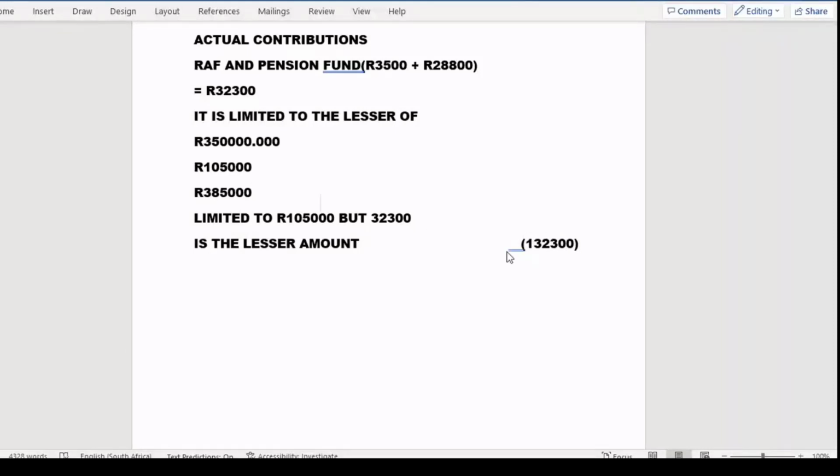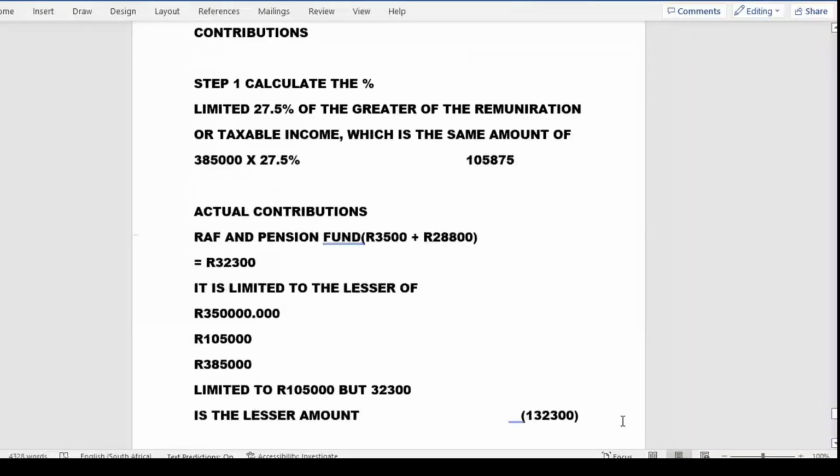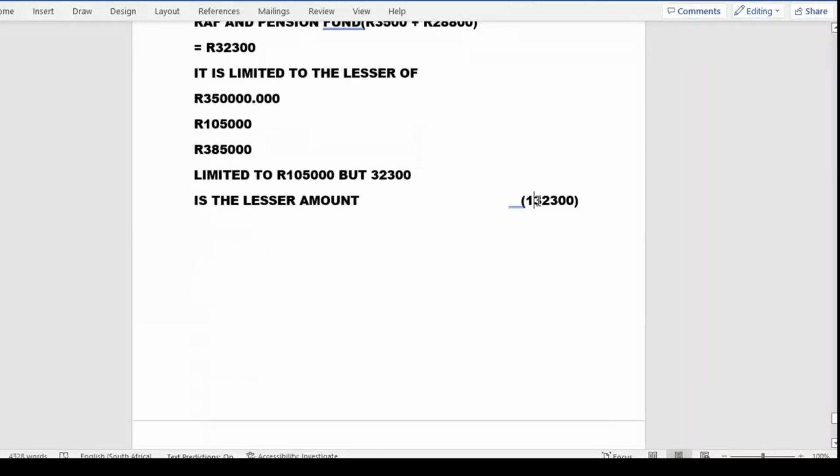And let's go up. Total income, 385,000. Let's put it here. Then you're going to minus 32,300. Somebody give me the final figure quickly. I'll give you that now, because I can see that we are running out of time. 385,000 minus 32,300 is 352,700.